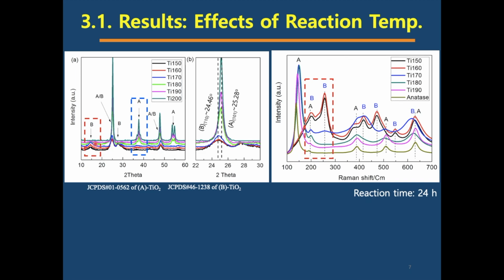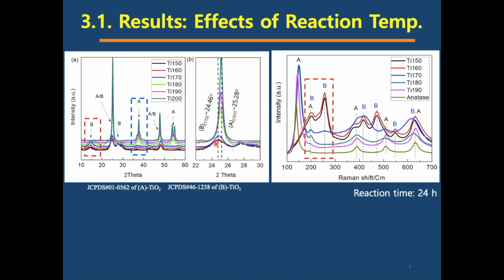This is the crystal structure of the synthesized materials at 24-hour reaction time with different reaction temperatures from 150 to 200. We can see that at low temperatures, 150, 160, and 170, the dominant phase is B phase, while with the increase of temperature to 180, 190, and 200, anatase is dominant, and especially at high temperatures from 190, only anatase appears.